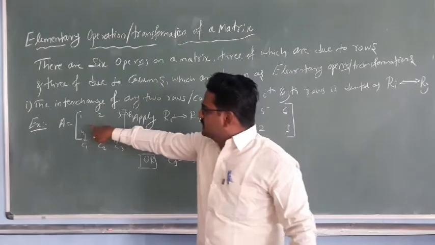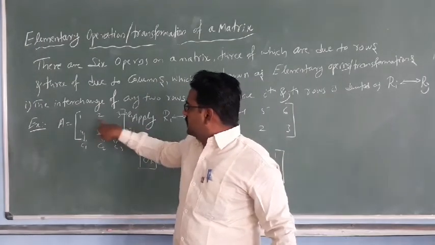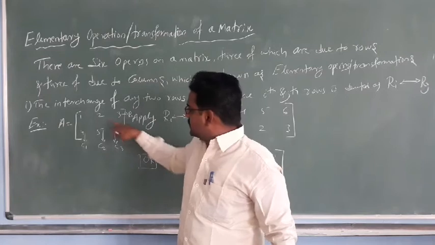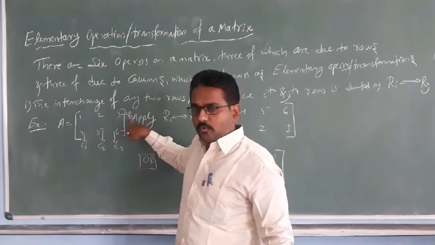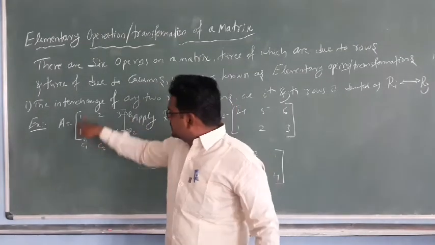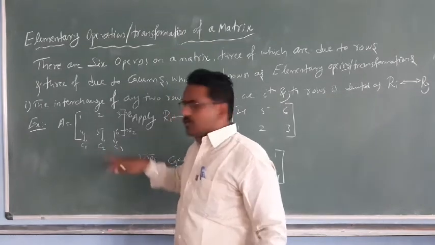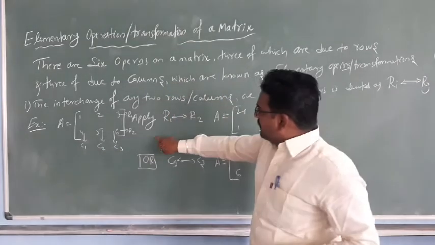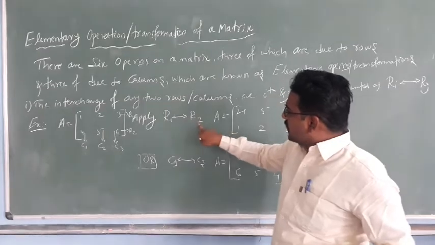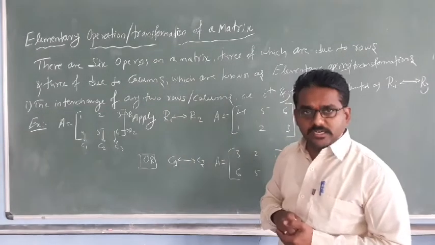The example is a 2 by 3 matrix: 1, 2, 3, 4, 5, 6. It has 2 rows, R1 and R2, and 3 columns, C1, C2, C3. I applied here R1 changes to R2, R2 changes to R1.